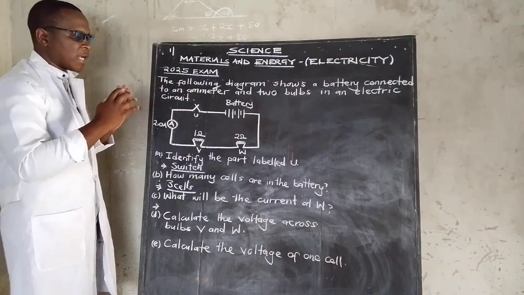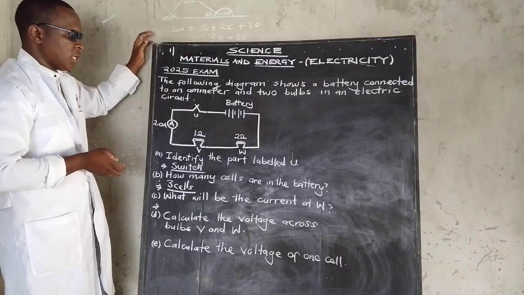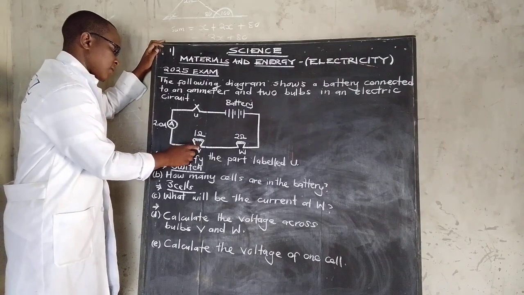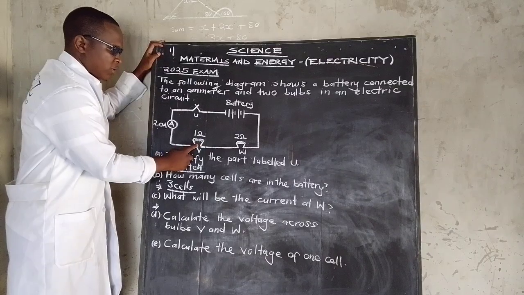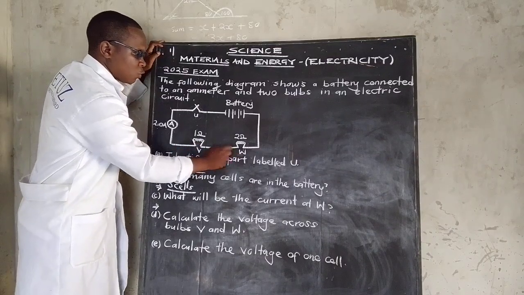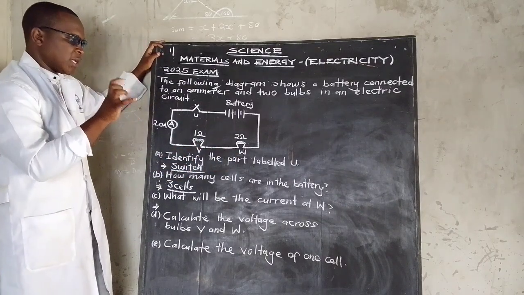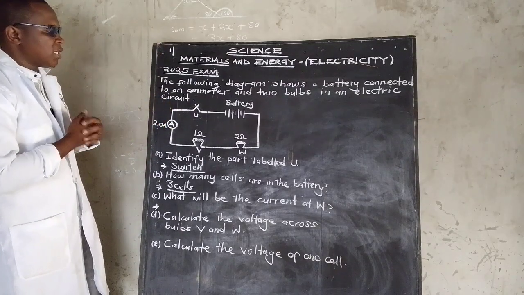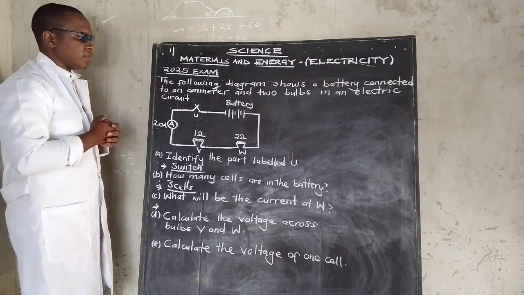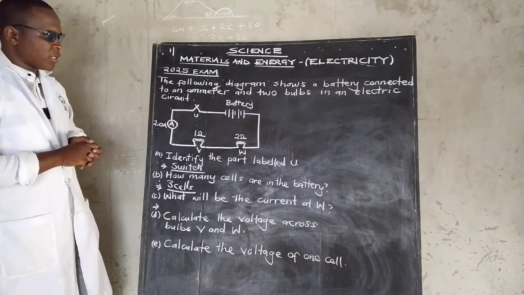In series, the current is the same at each point. So the current at V is 2.0. The current at W is also 2.0. So take note, in series, the current is the same. Very, very important.